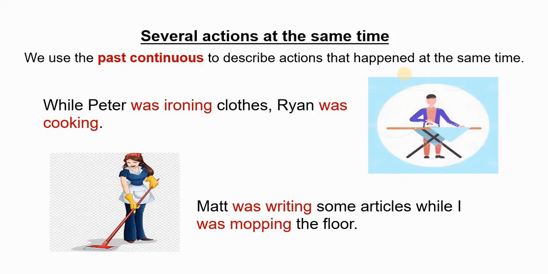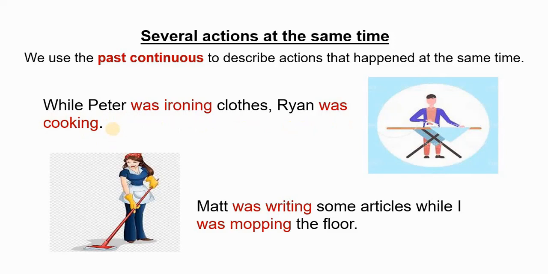So they are both long actions. Example: while Peter was ironing the clothes, Ryan was cooking. Okay? While Peter was ironing clothes, Ryan was cooking.